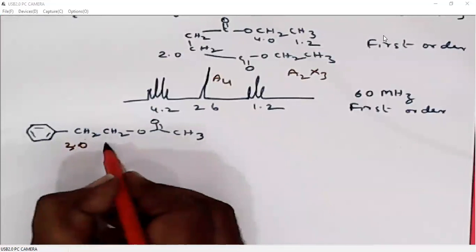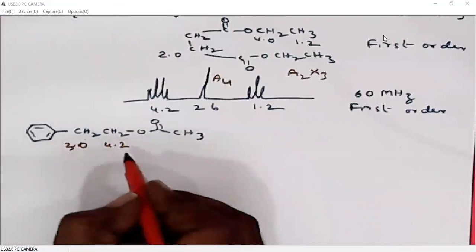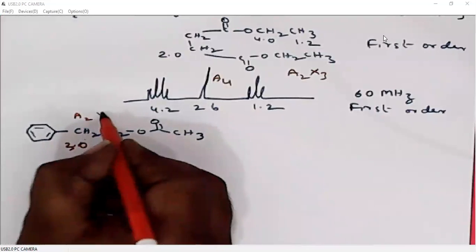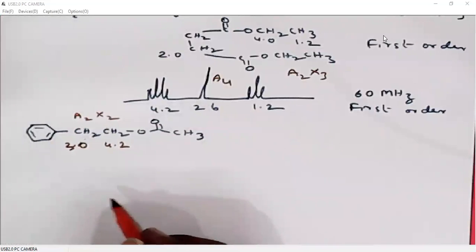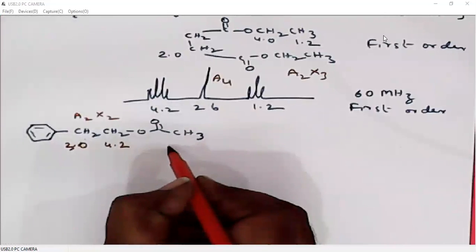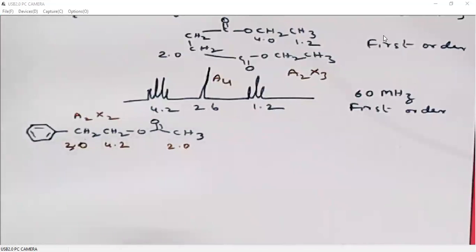In this case, it is giving 4.2. So because there is a large chemical shift difference, we can clearly say it is an A2X2 type, a first order spectrum. And this is next to a carbonyl group, which generally gives around 2 to 3. In this case, it is giving 2.